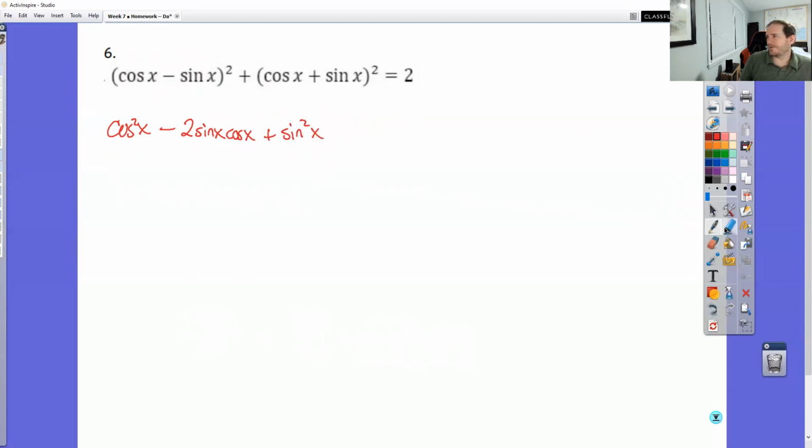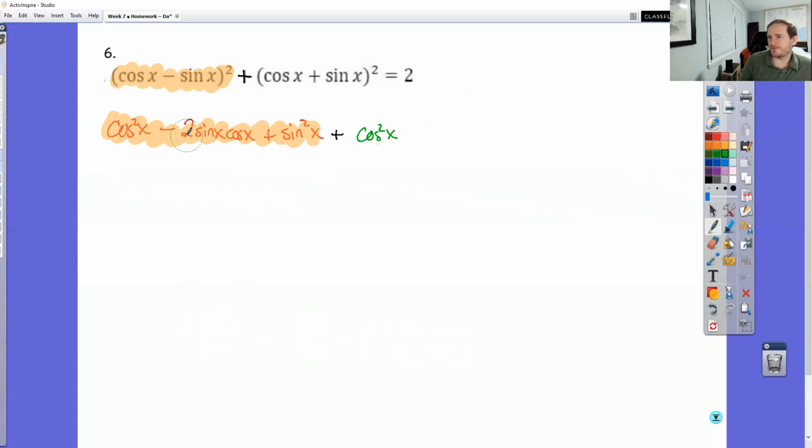And all that, by the way, is coming from just the first one. All that is coming from just that. Then you've got plus. And then you've got to expand the next one. So expanding this one would be cosine times cosine for cosine squared. Then a cosine times a sine, and then a sine times a cosine.